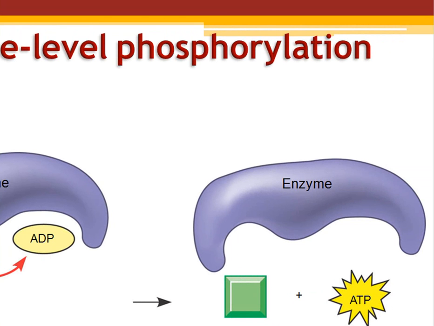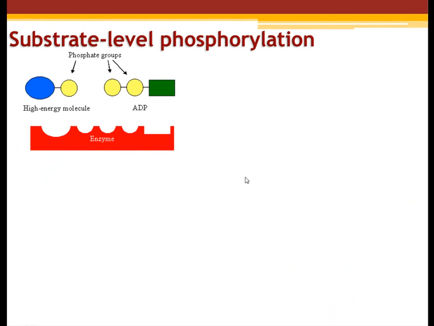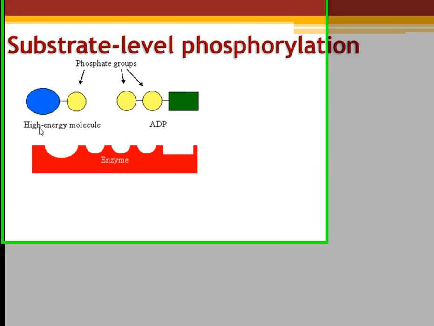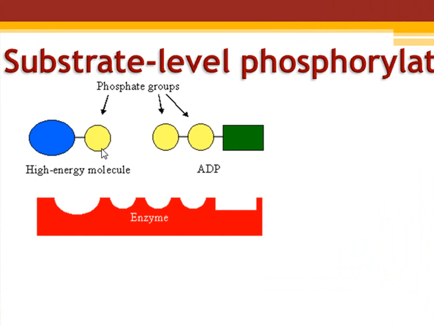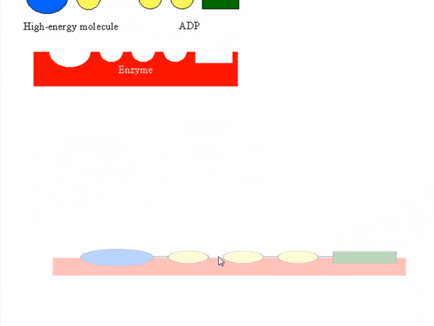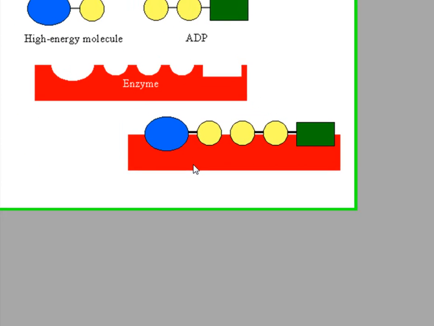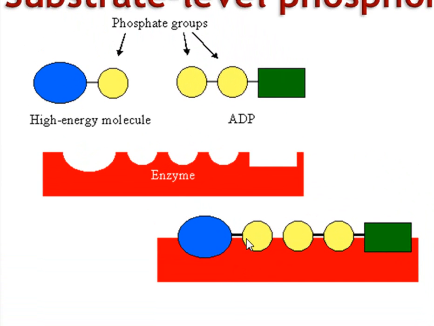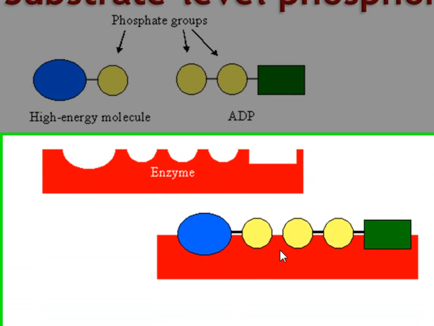Another way of looking at this, as we see here, here's our molecule with a phosphate group attached to it. Here is ADP with 2 phosphate groups attached to it. Here is our enzyme with all of its binding sites. This substrate will bind to the enzyme, and so will ADP. We see them binding to the enzyme, and then the chemical reaction of this bond breaking here and a new bond forming here will occur.